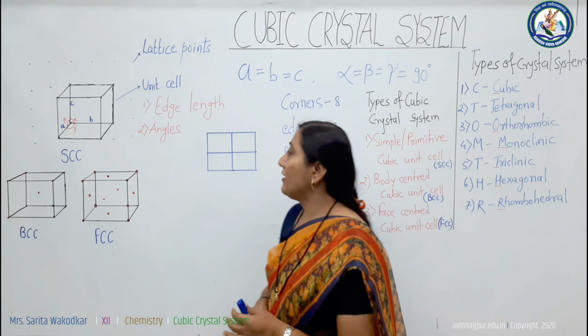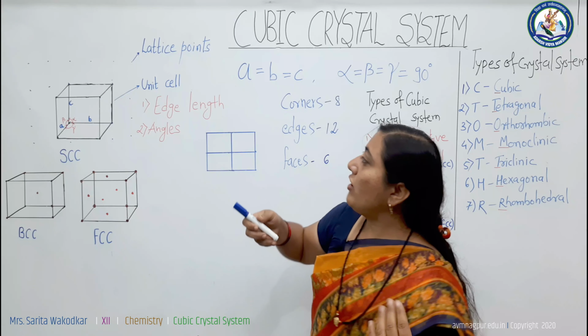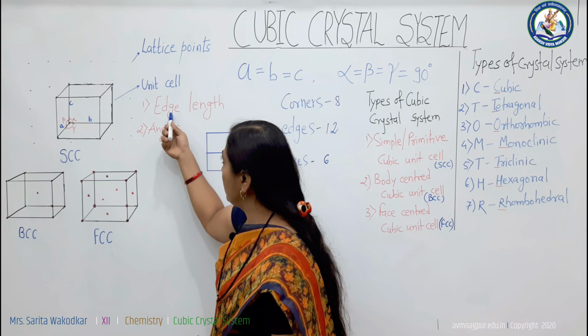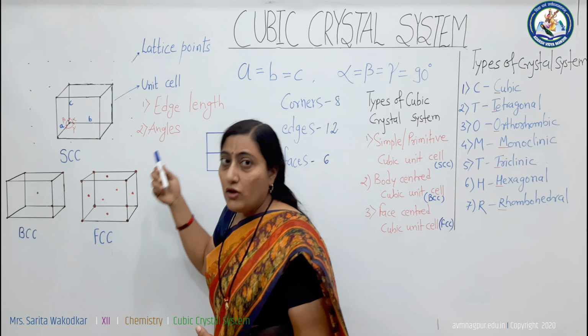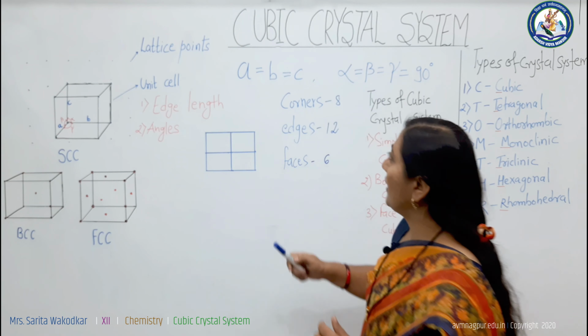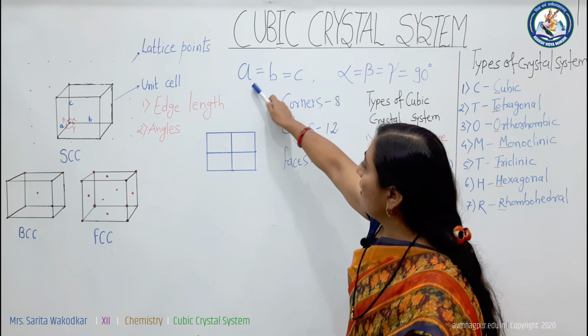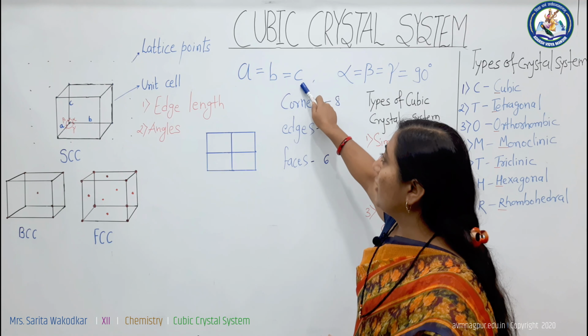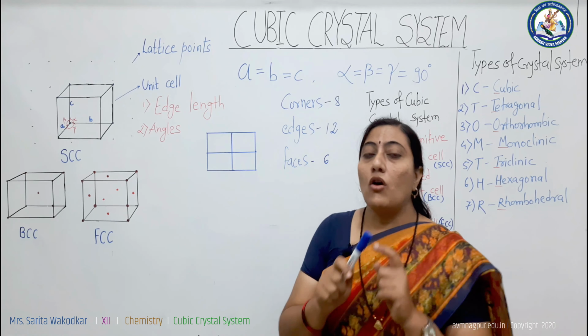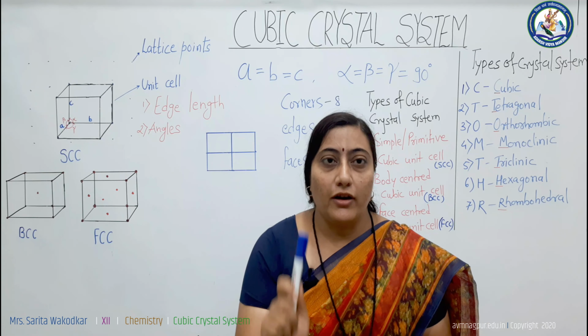As we know, the types of crystal system are based upon two parameters, edge length and angle. So when we consider the cubic crystal system, then the edge length A is equal to B is equal to C, meaning all the three edges must be equal.